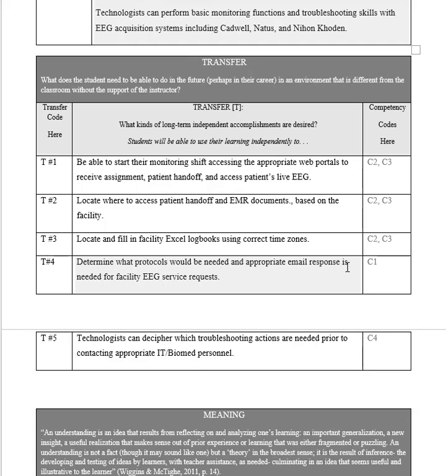So you can give some instances of what kinds of long-term independent accomplishments you would desire for your students to have. You can list those and code them on the left-hand column using T for transfer, and then number them. On the right-hand column, list your competency codes that those correlate with. And as you see, they can overlap and be more than one competency.